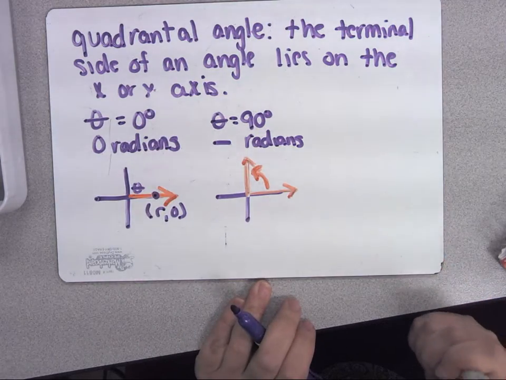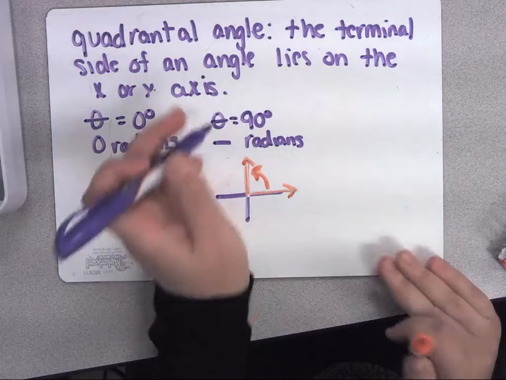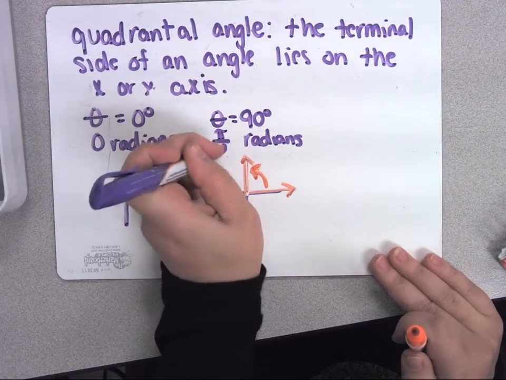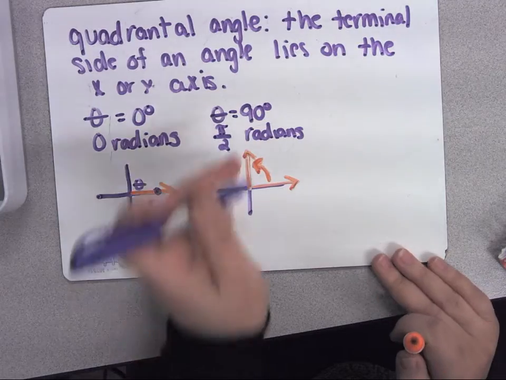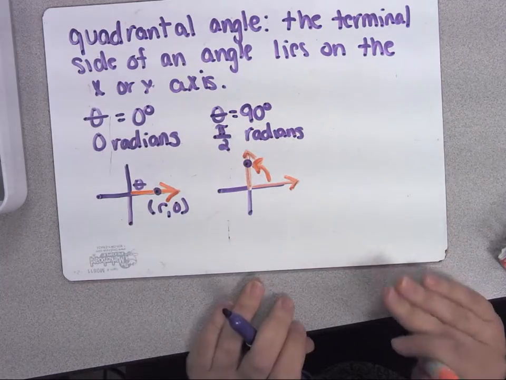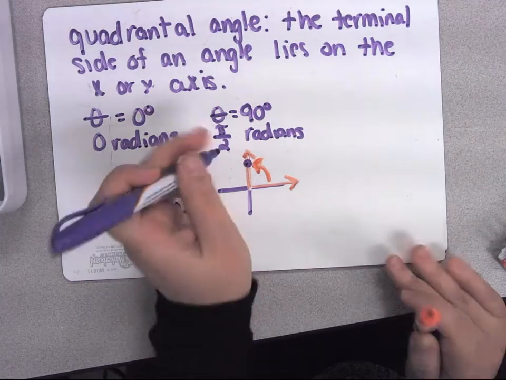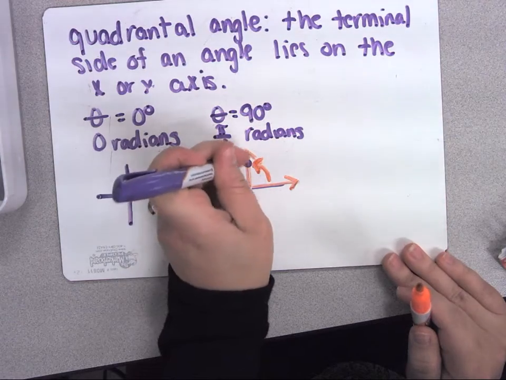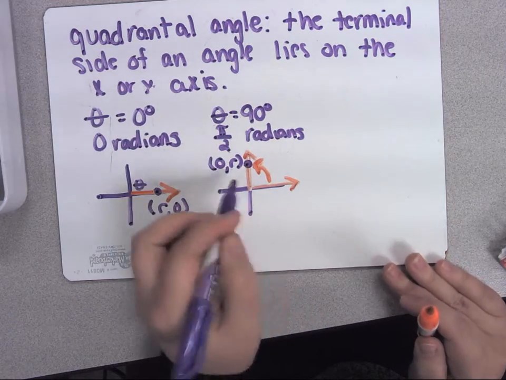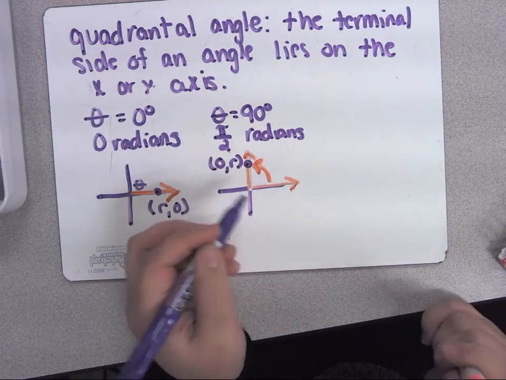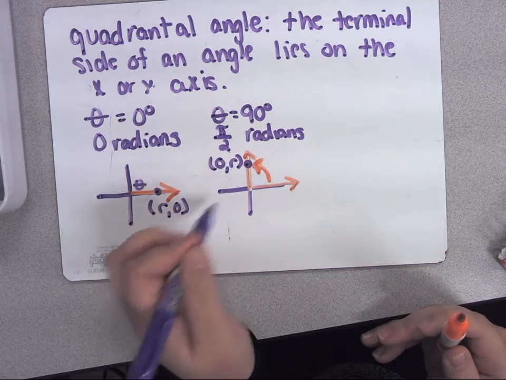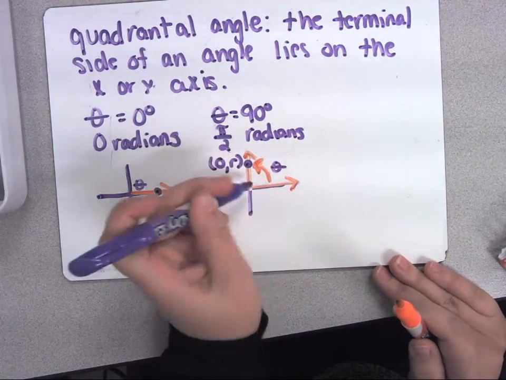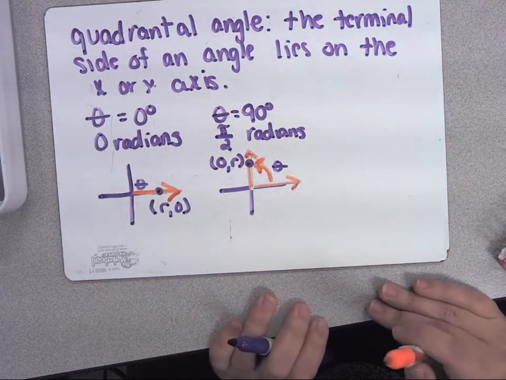You're ahead of yourself by a couple sections. It is pi over 2. It is half pi. The point for this is 0 comma r. Just like on the y-axis, a y-intercept is 0 comma the number. These points should make good sense. And obviously your theta is over here. It's the distance from there to there.